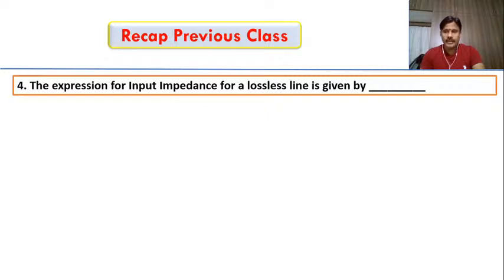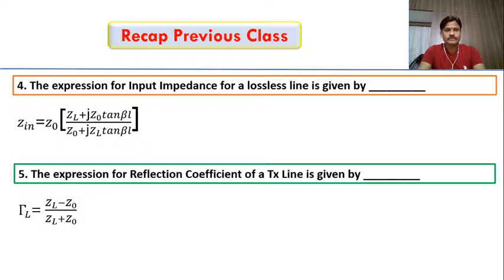In the numerator ZL plus j Z0 tan beta L divided by Z0 plus j ZL tan beta L, like this. So Zin equals Z0 into ZL plus j Z0 tan beta L divided by Z0 plus j ZL tan beta L.